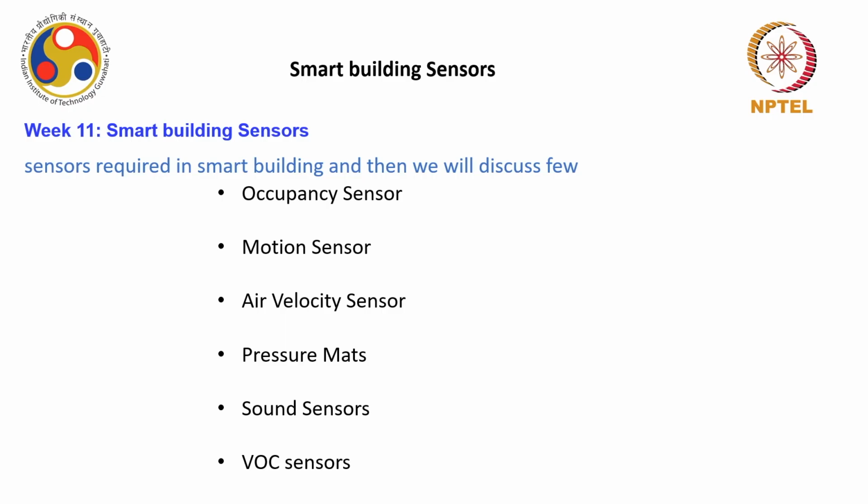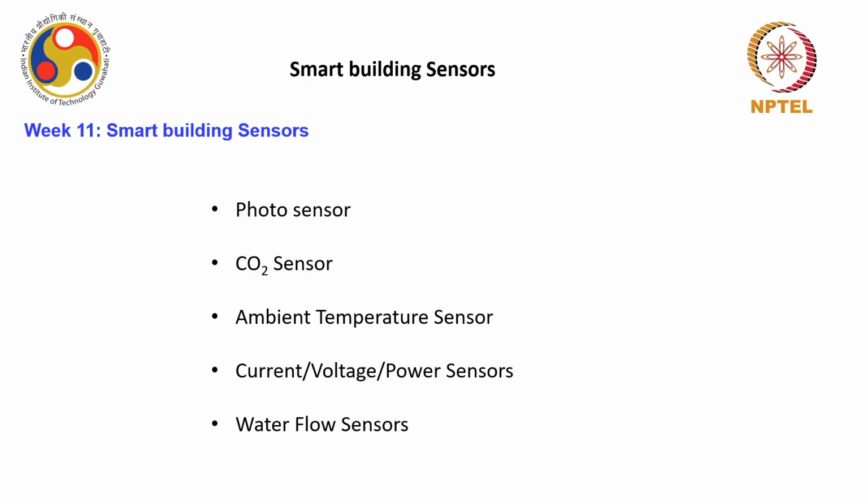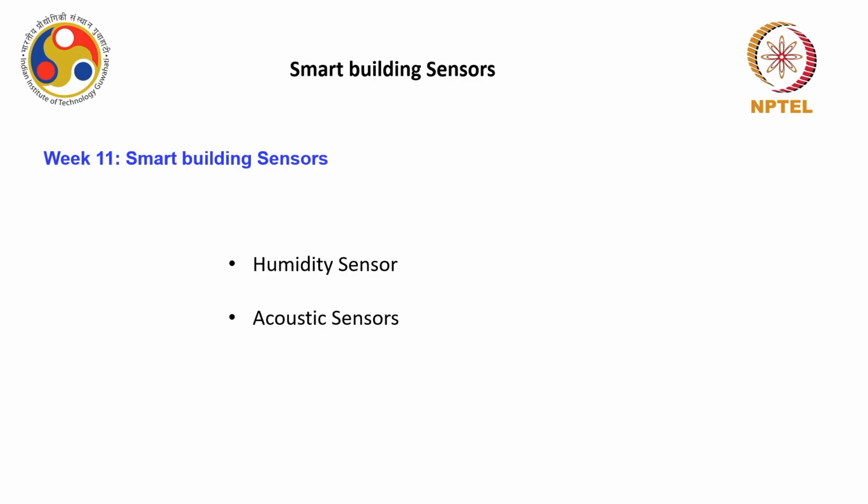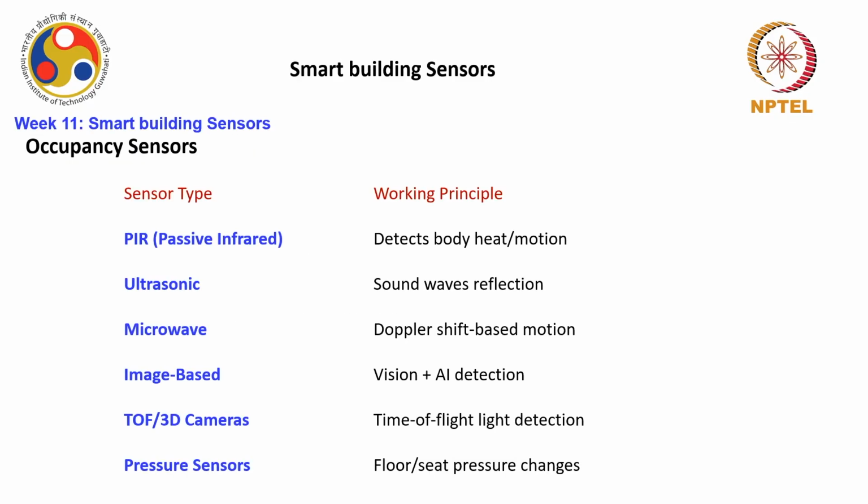Along with that, you have air velocity sensors, pressure mats, sound sensors, and a number of gas sensors, including volatile organic compound detectors. We also have seen that you require a lot of photo sensors, ambient temperature sensors, then specific meters for current detection, voltage detection, and power detection. For the water supply, you have water flow sensors, humidity sensors and acoustic sensors.